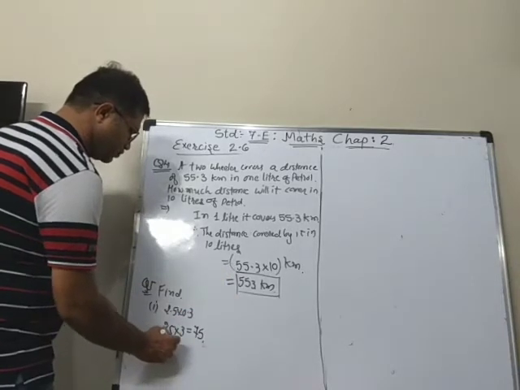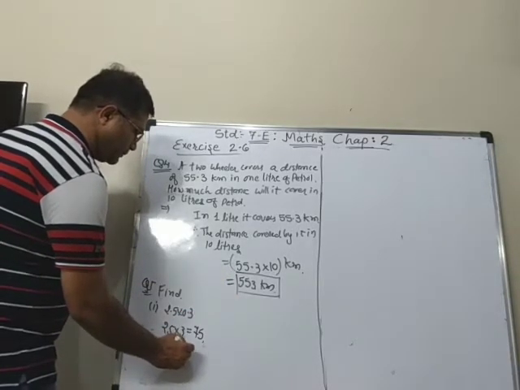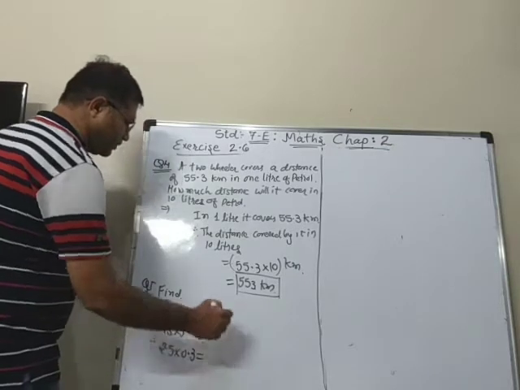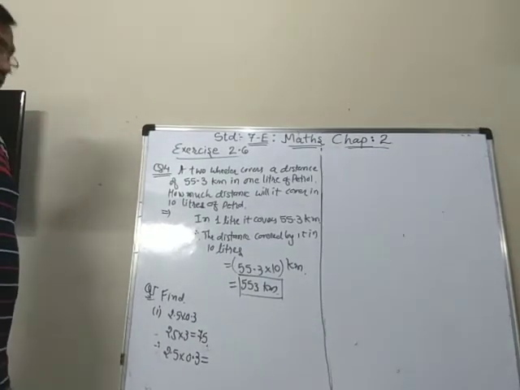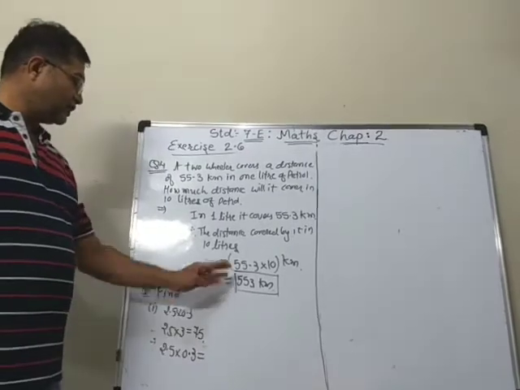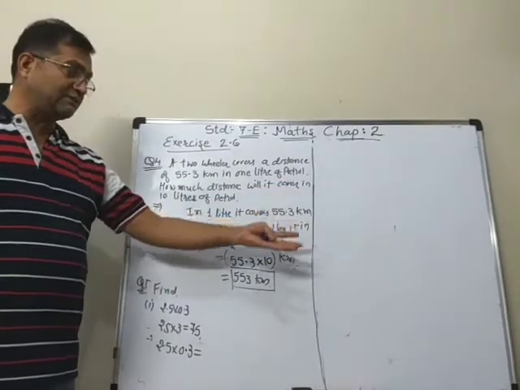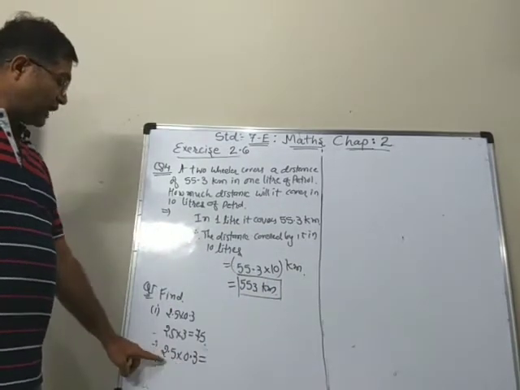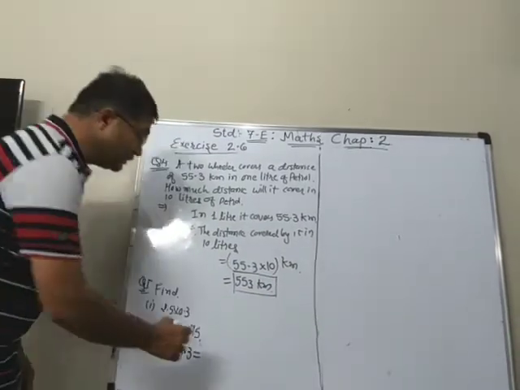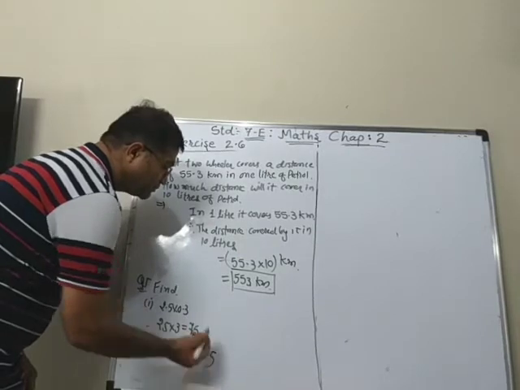Therefore 2.5 multiplied by 0.3. Now here it was very simple, so we didn't show the method to multiply. But if there are big numbers, we have to show the method. So now here we have to put only the decimal point.